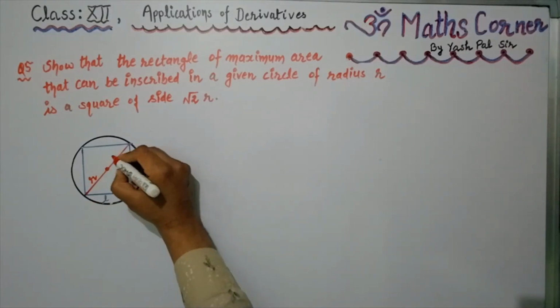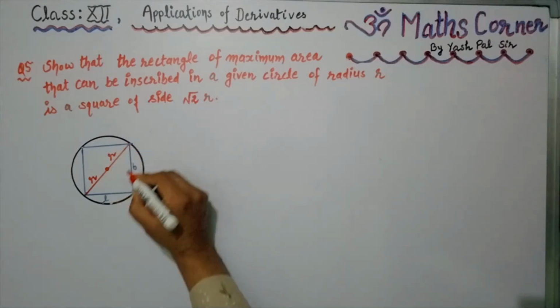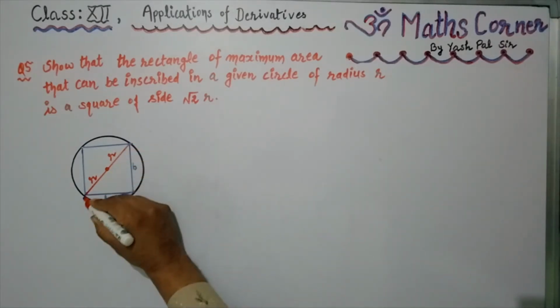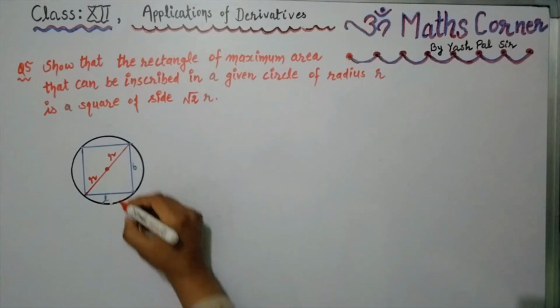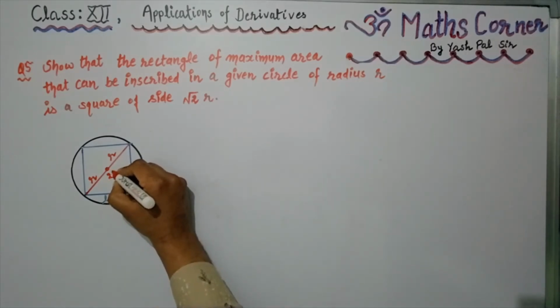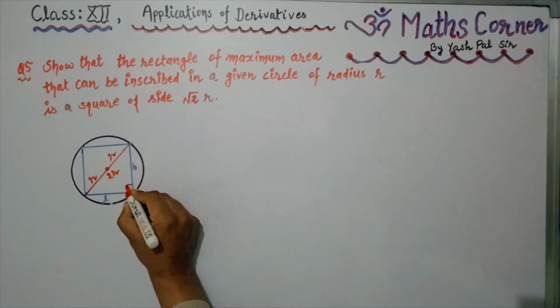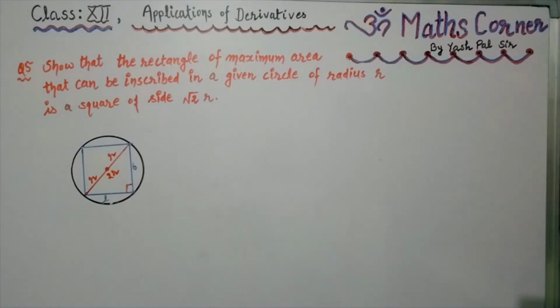This is the diagonal, and here this is the center of the circle. So the radius of the circle is r, this is given, this is also r. So the diagonal of the rectangle is 2r.